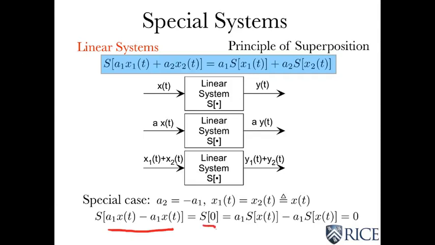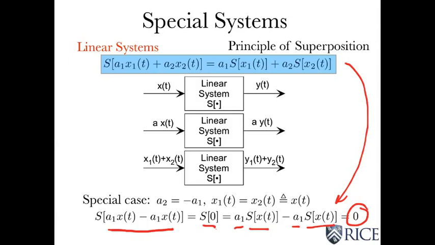But now, let's look at what the linear system equation says in that special case. Since x1 and x2 are the same, we have S of x, and then they're weighted by the same a1, but they're subtracted to get 0. So if the system is linear, you stick in 0, identically 0, into a linear system. What you get out is 0. Any system which doesn't obey that rule cannot be linear. So if you stick in 0 and the output is 1, that system is not linear.